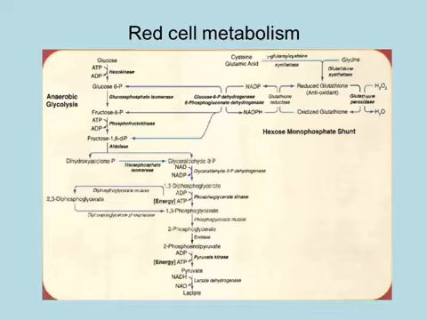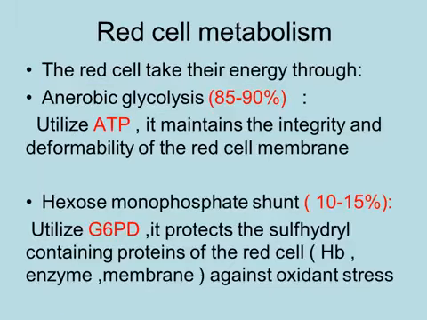This slide shows the red cell metabolism, where it takes its energy from either anaerobic glycolysis or the hexose monophosphate shunt. 85 to 90% of the energy is through anaerobic glycolysis, which utilizes adenosine triphosphate that maintains the integrity and deformability of the red cell membrane. 10 to 15% of the energy is through the hexose monophosphate shunt, which utilizes G6PD.